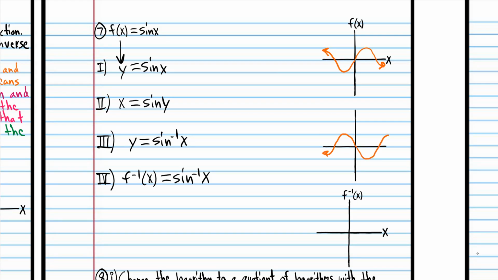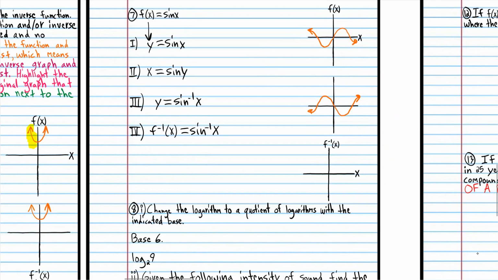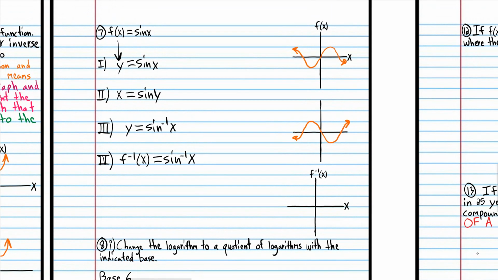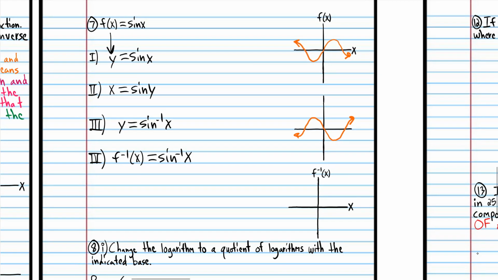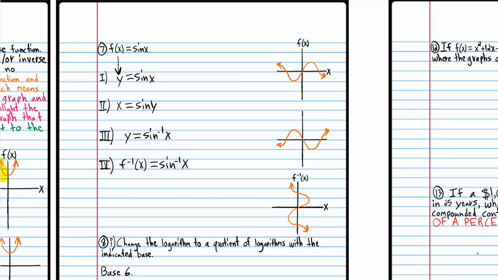And again, it doesn't really make much of a difference if your graph is perfect. That's not the point of this. Then we're going to rotate 90 degrees to the right. Again, if you're trying to find the inverse graph, you always reflect across the y-axis and rotate 90 degrees to the right. You're going to have to memorize that for the exam. So again, my drawing here is not very good, but the graph would look something like that.